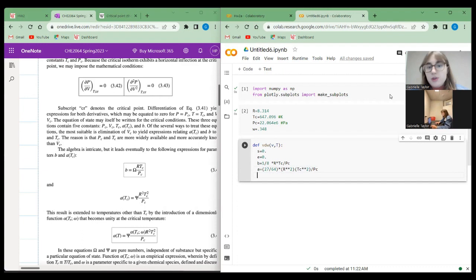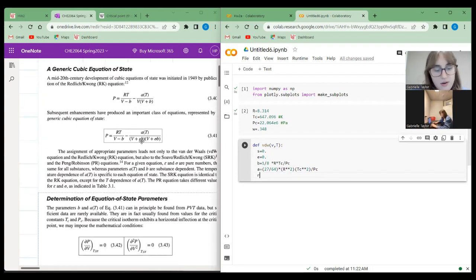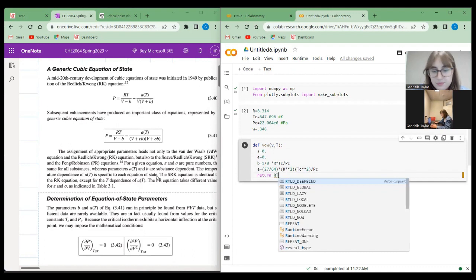Now, after we know our sigma, epsilon, A and B, we're just going to return our cubic equation of state. It's going to be just R and then T, because we want it at multiple temperatures and pressures. We don't want it at the critical point.